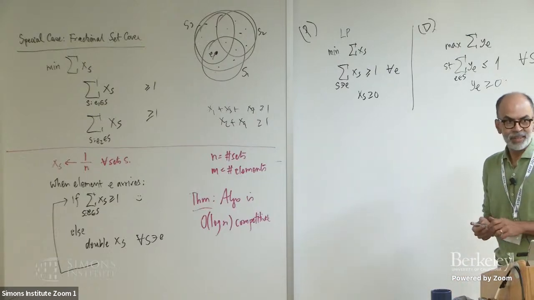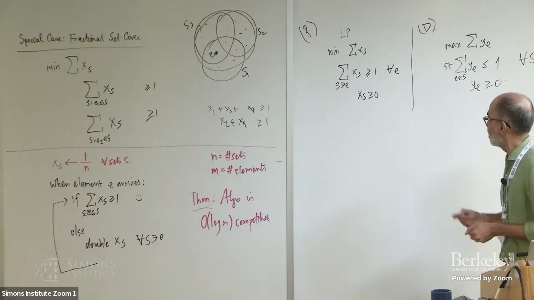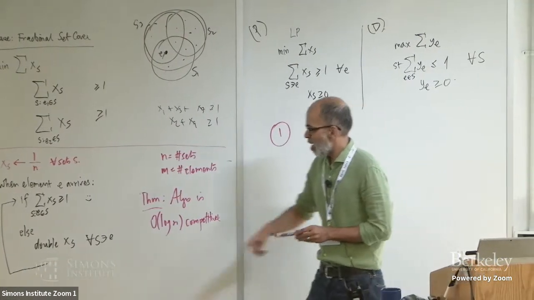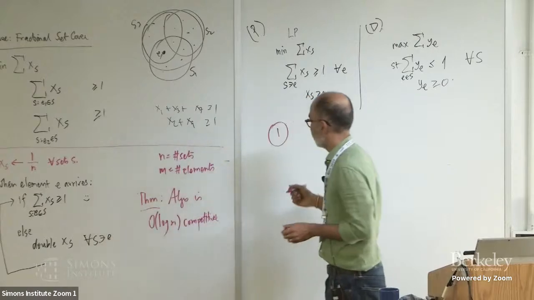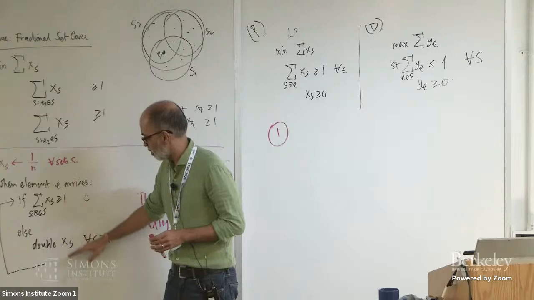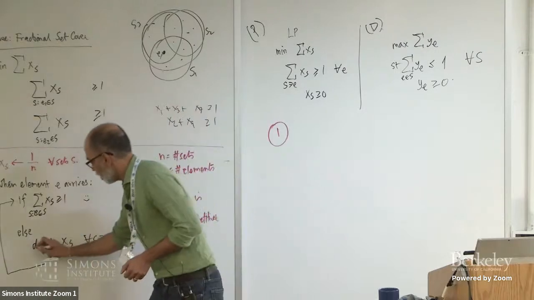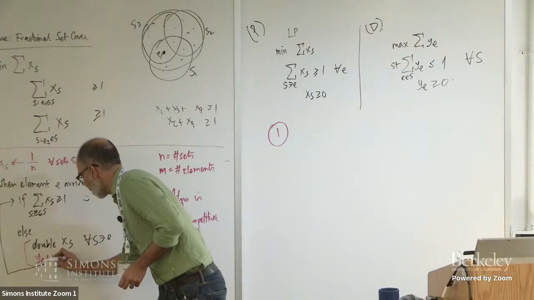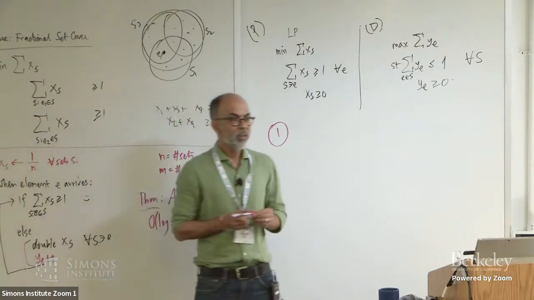Okay. So the analysis is going to be in 3 steps. The first step is every time I do one round of this thing, along with doubling the XS, I'm going to increment YE.